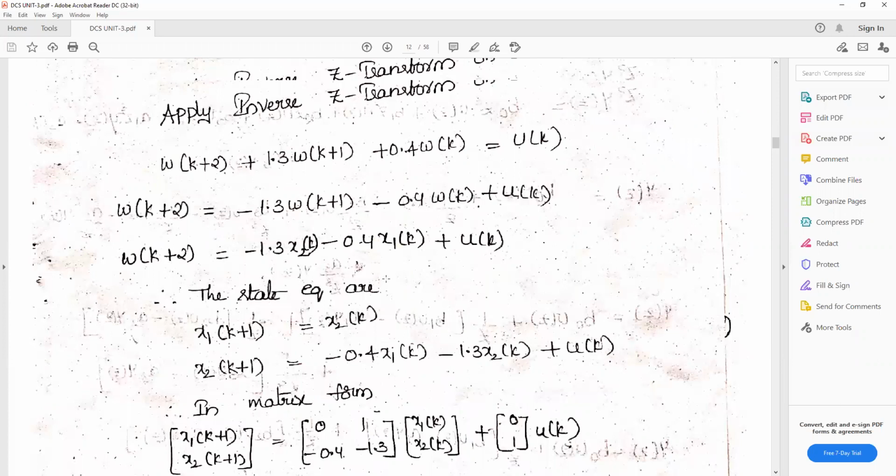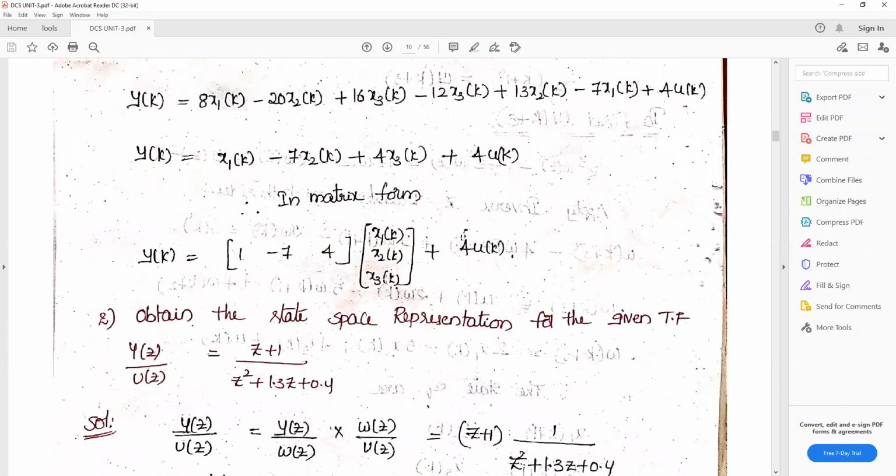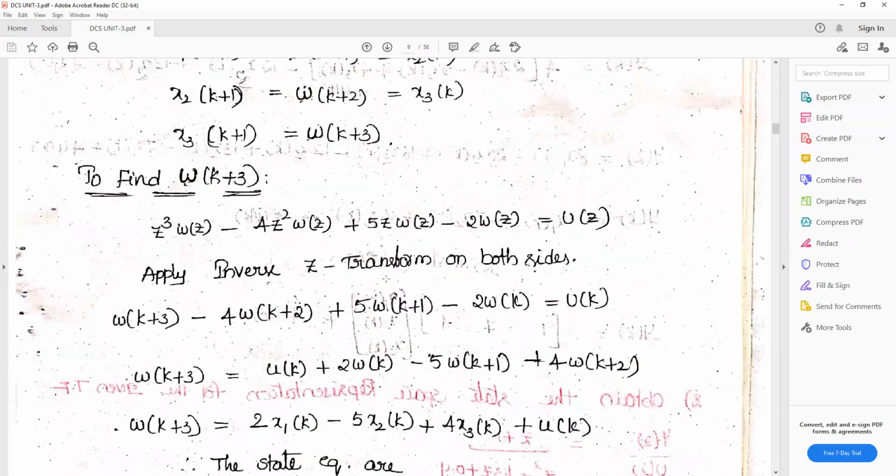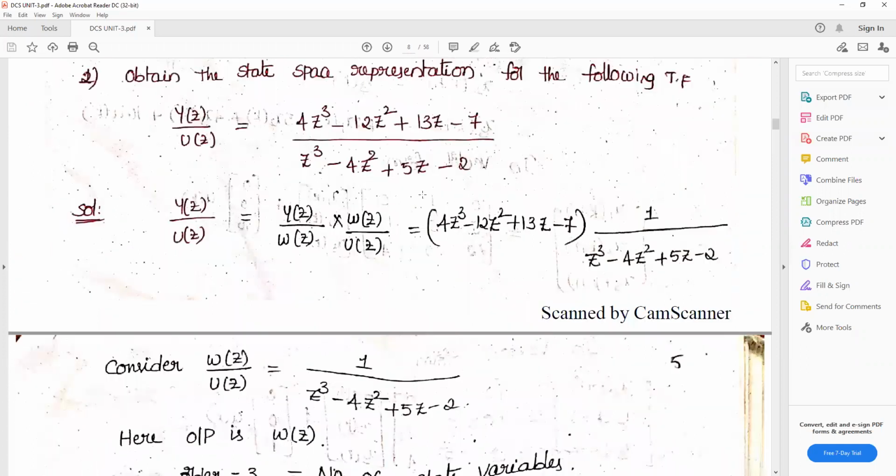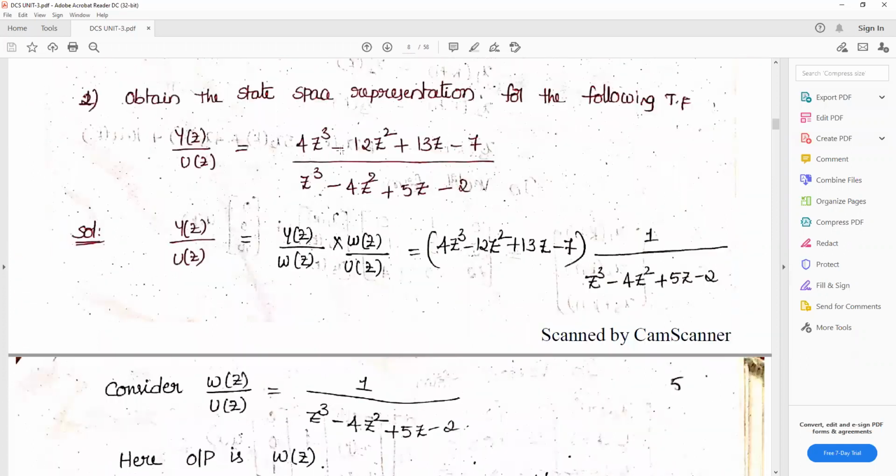Have a look at another problem. In the transfer function, with the numerator and denominator polynomials, the transfer function is separated as Y of z by omega of z into omega of z by u of z.